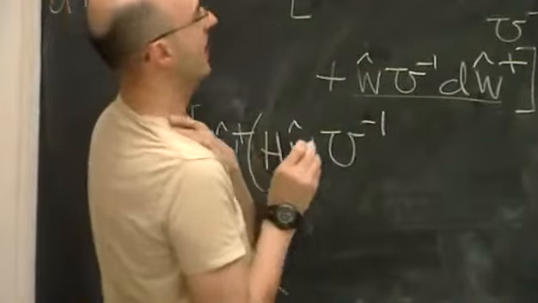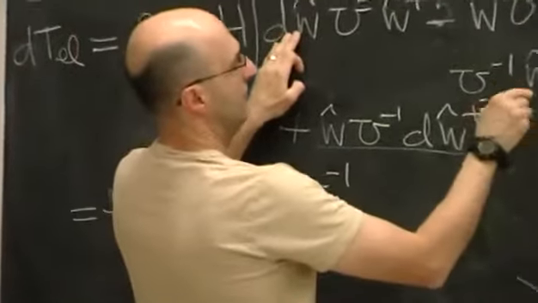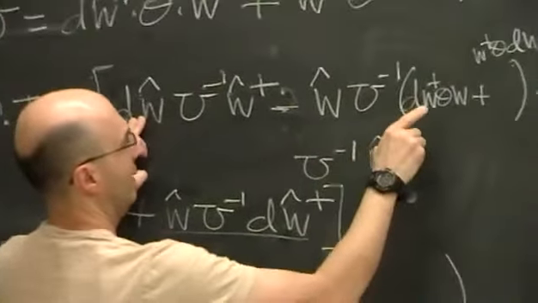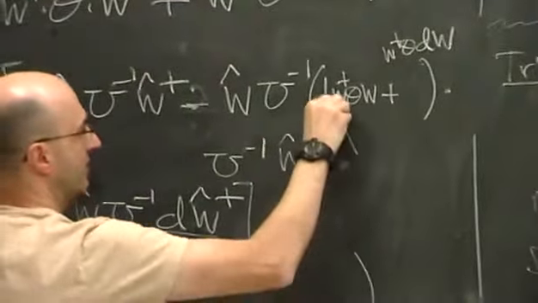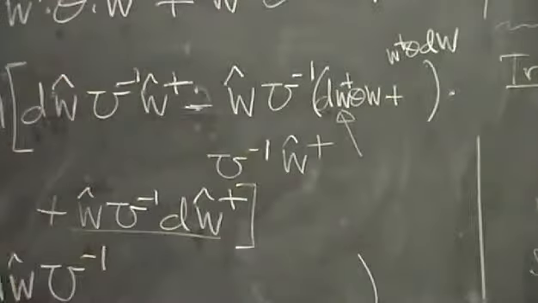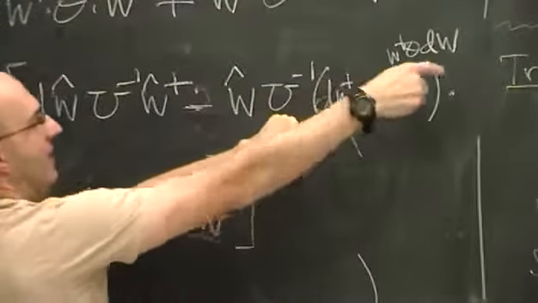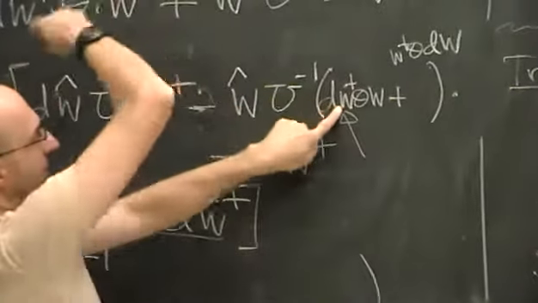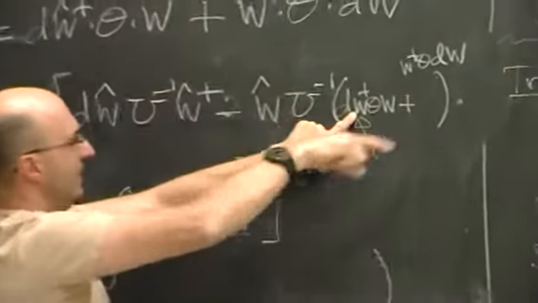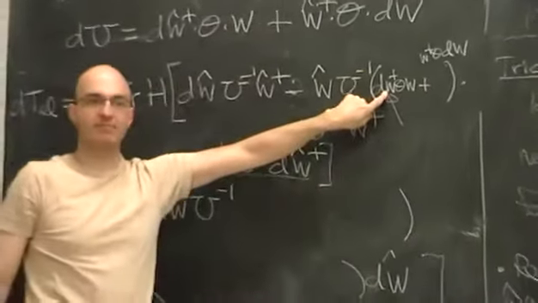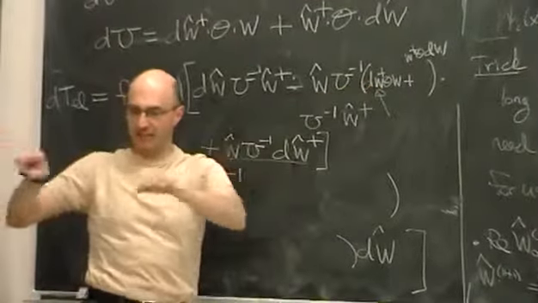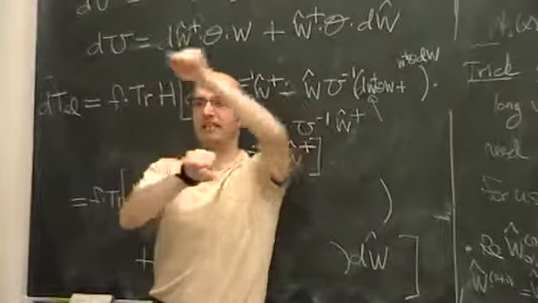Where's my other dW dagger? Here it is, dW dagger. So remember, I'm just going to take everybody off the end, flip him around and around and around until I get dW at the beginning. And while I do this, I'm just cyclically permuting, right?